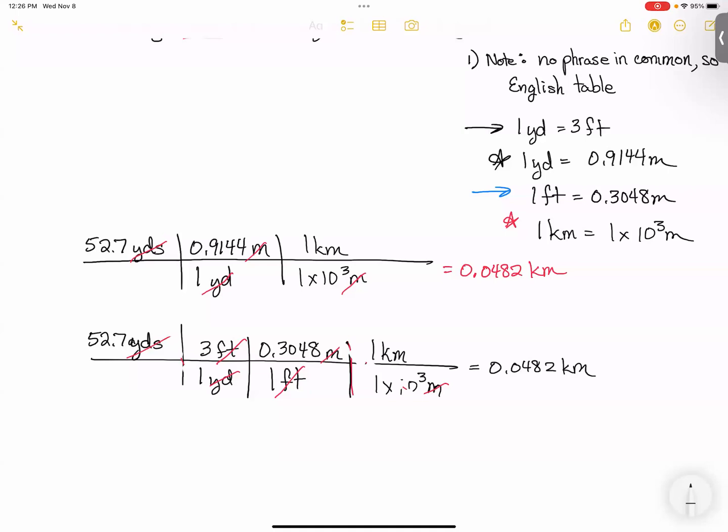Writing the units didn't take me very long, but they made a world of difference in making sure that it cancels out the next time. It made the world of difference to make sure that I put the correct thing in the numerator and the correct thing in the denominator. Units are important.